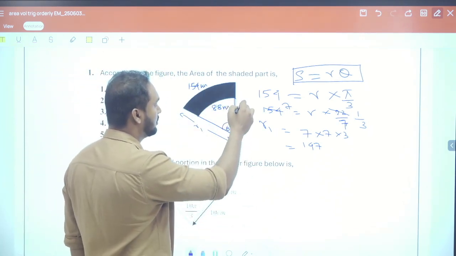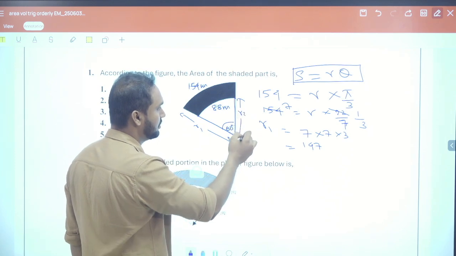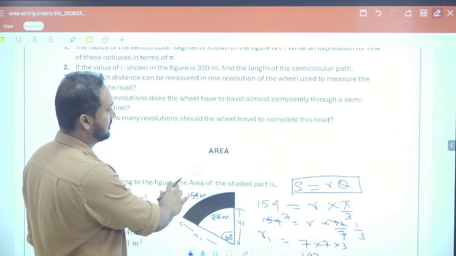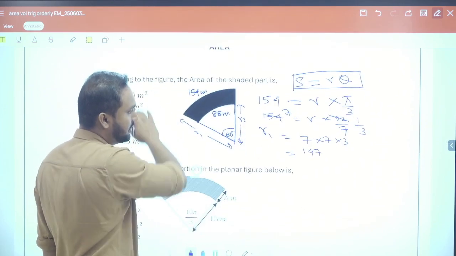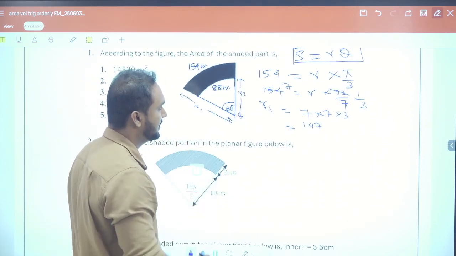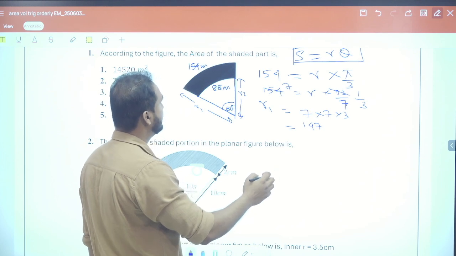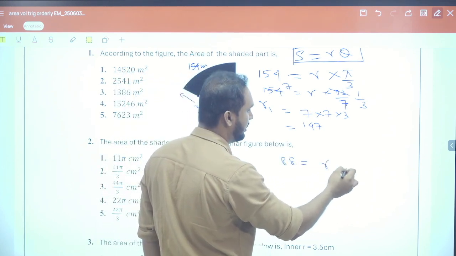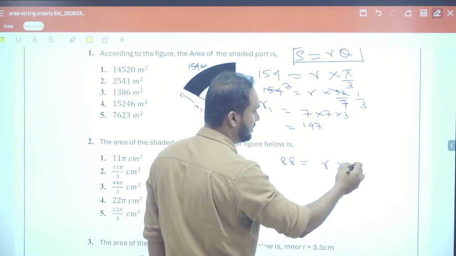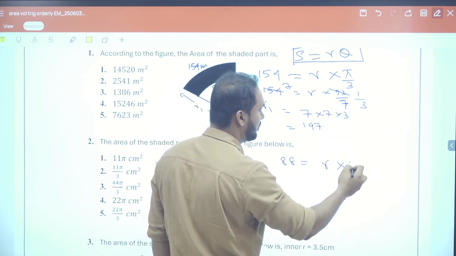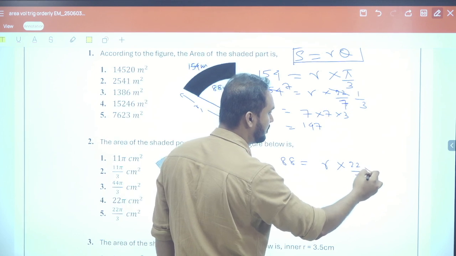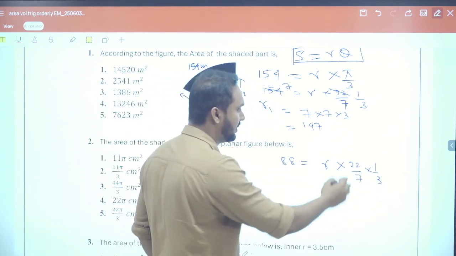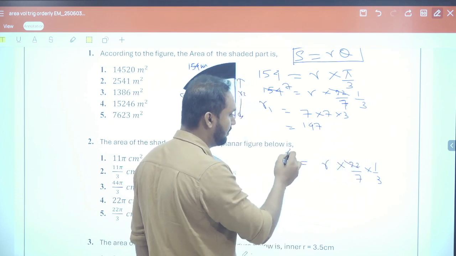Next thing, you have to find the smaller radius. We'll take it as R2. So how do you find it? You put the same equation, S equals R theta, right? So here the S is 88. And R into 5/3, the same equation. So I'm going to put in values, 22/7 into 1/3 because it's the same. So this divides by 22. How many 22s are there in 88? 4.